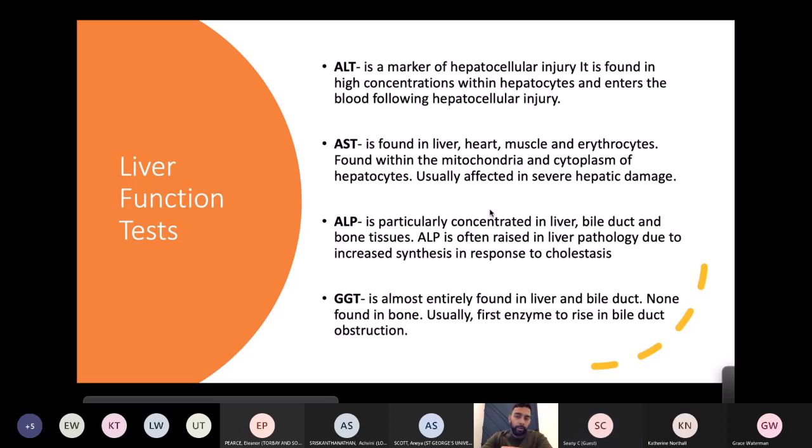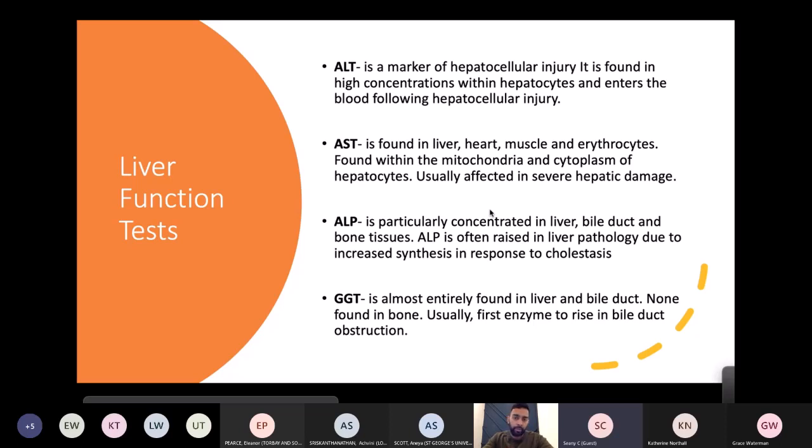So if you found ALP raised and the GGT level is completely normal, this would make you think, okay, this is actually more of a bone issue, not a result of liver or biliary duct pathology. So when you see a raised ALP, assess the GGT.